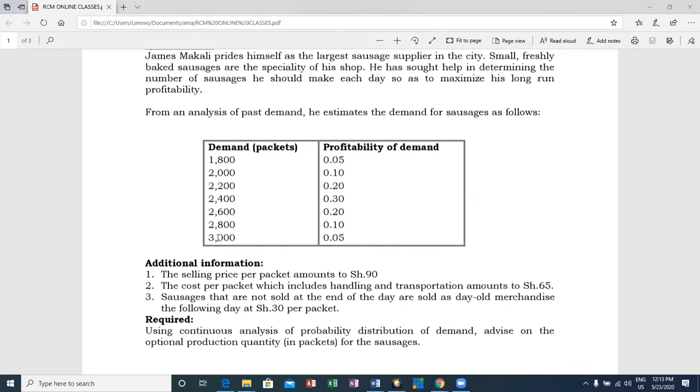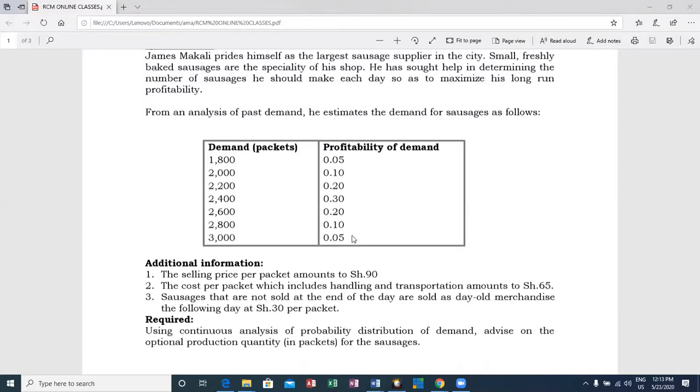And then what we have here, ladies and gentlemen, are probabilities. The probabilities that we have been given: the first one is 0.05, then 0.1, then 0.2, then 0.3, 0.2, 0.1, and 0.05.